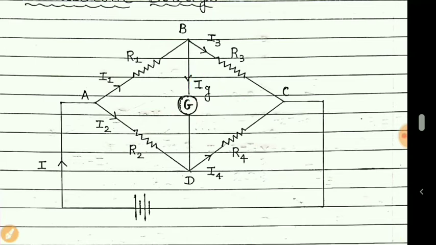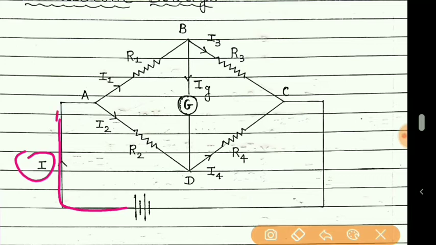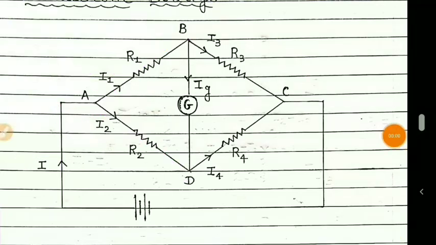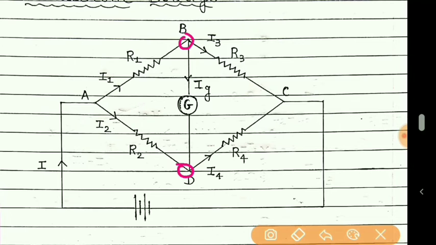Now students, here the current from the battery is taken I, that is the total current emerging from the battery. From point A, it gets divided into two branches. One is current I1 and the other is current I2. Now from this point B and from here lower point D. Now if the potential of point B is larger than the potential of point D, then the current will move from higher potential to lower potential.